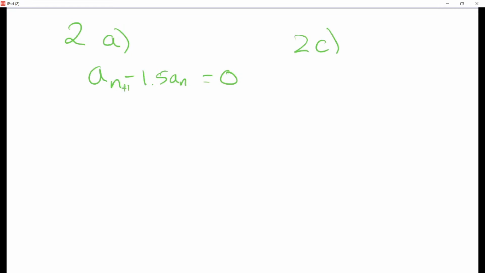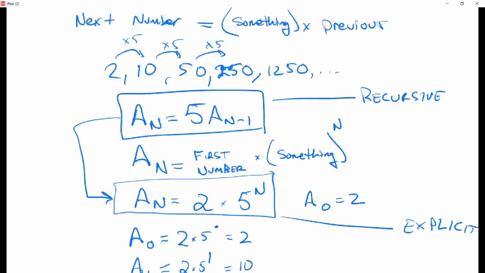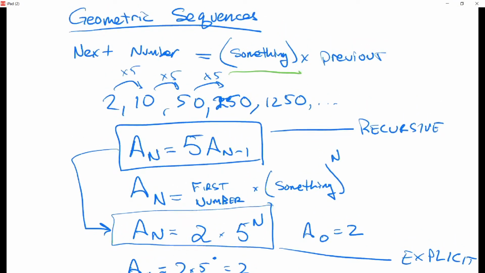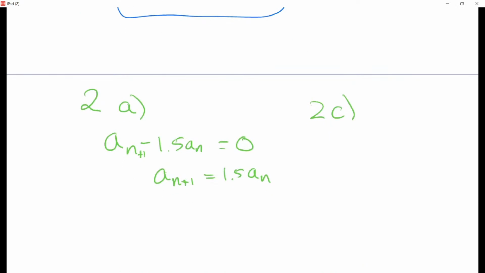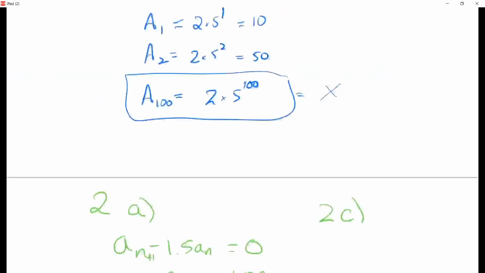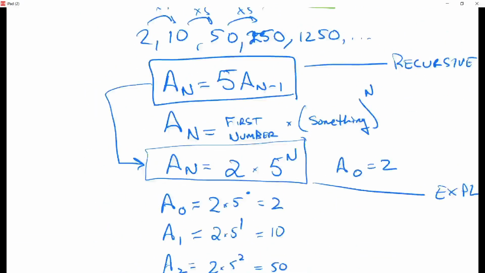Okay, so let's see. The solution to this is a sub n plus 1 is equal to 1.5 a sub n. So let's go back to this in the blue here. The something for this one is 1.5, just like up here, the something was 5.